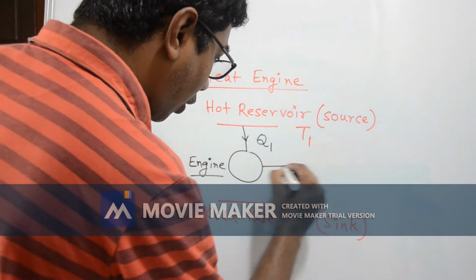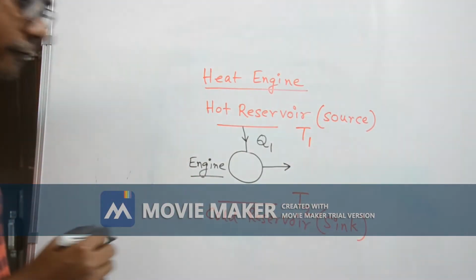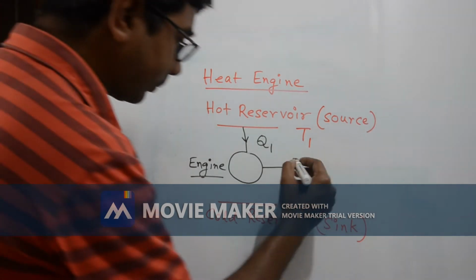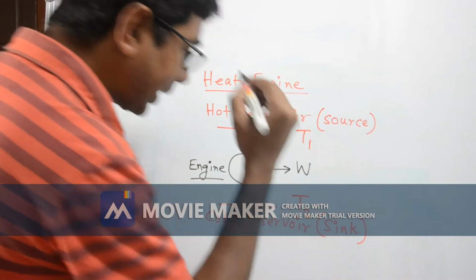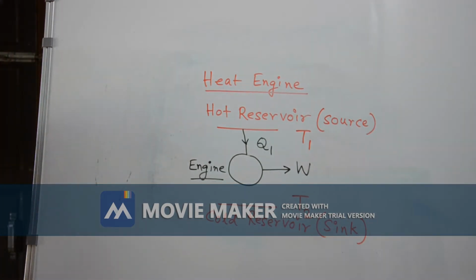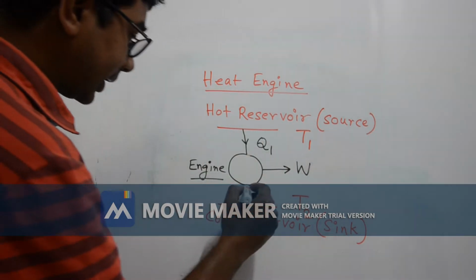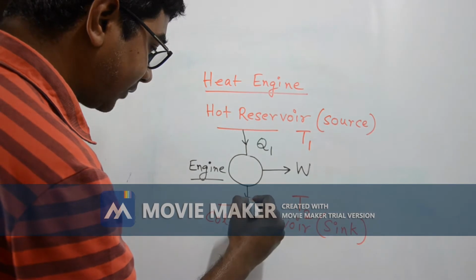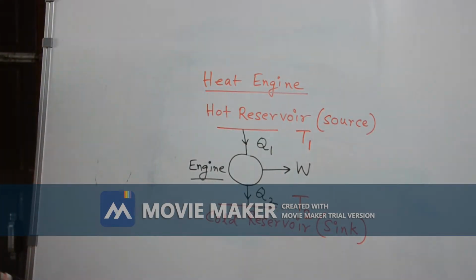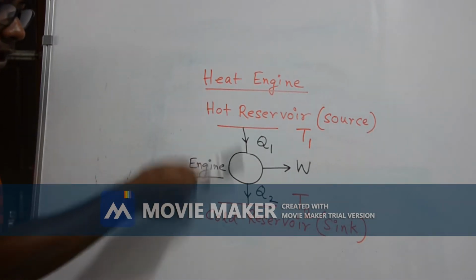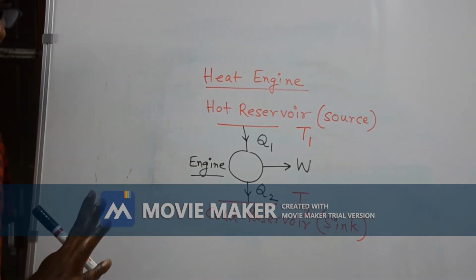Then it performs some amount of work, which is the output of this engine. I'll call the mechanical output, the work, W, and the rest of the heat it gives away to the cold reservoir, which I am denoting as Q2. That's the simplistic picture of a heat engine, as simple as that.